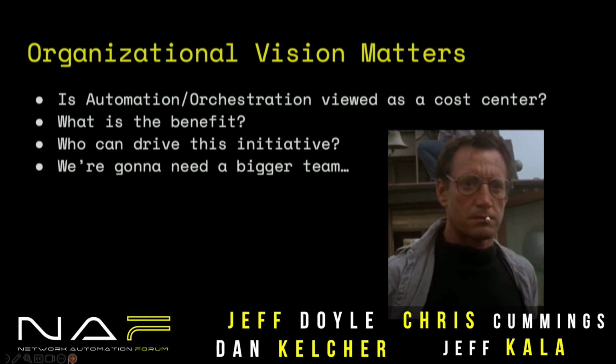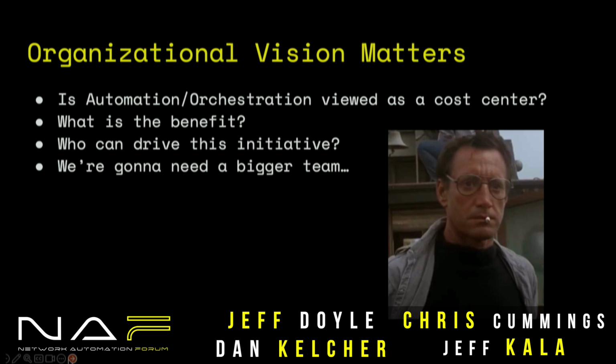So, organizational vision. In your organization, is automation viewed as a cost center? To me, that's a pretty big barrier to adoption, right? If you've worked in enterprise, it's very common that the networking group isn't central to delivering the widgets that we manufacture at Acme Corp.